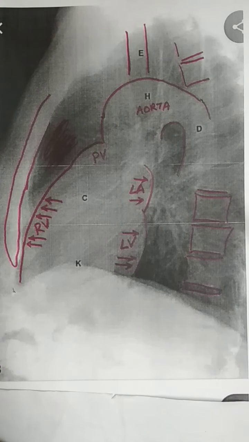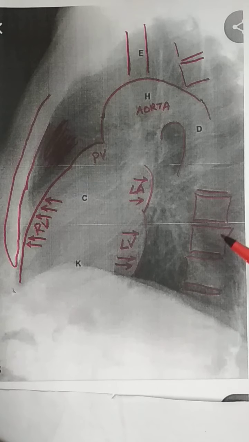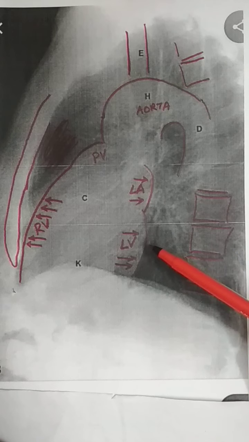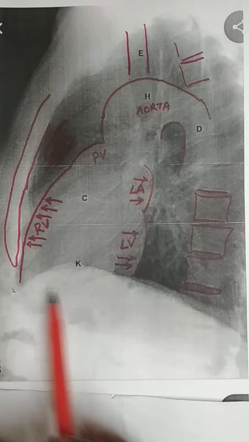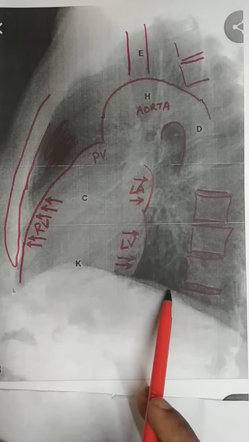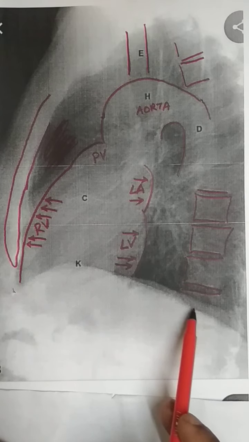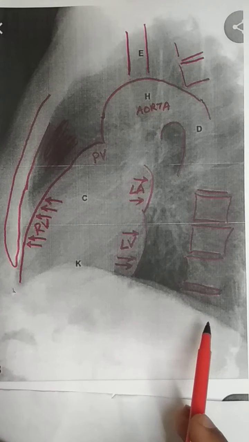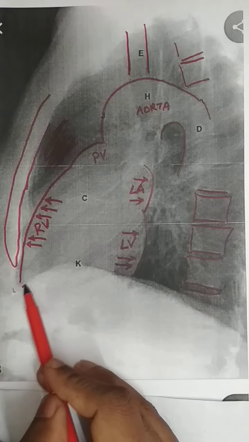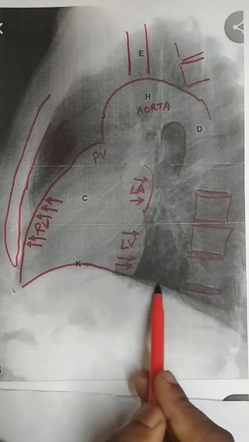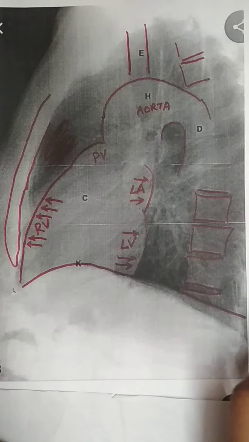Okay, so this is all about the heart and its chambers, the mediastinum and the cardium. Then D for the diaphragm and the gastric air bubbles. As you can see, there are two markings. The upper marking is for the right diaphragm, the lower marking is for the left hemidiaphragm. As we know, the right diaphragm is at a higher level.